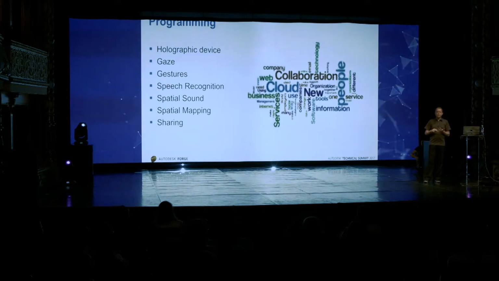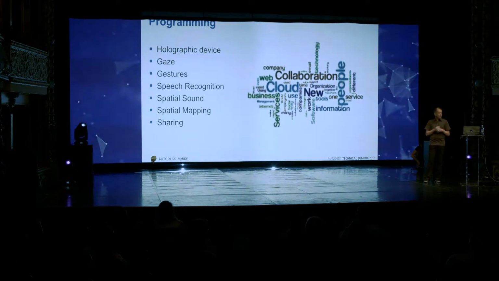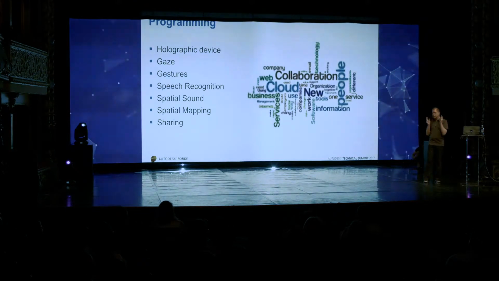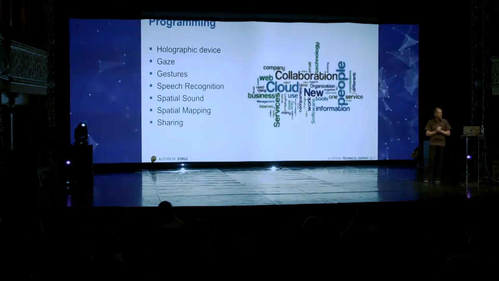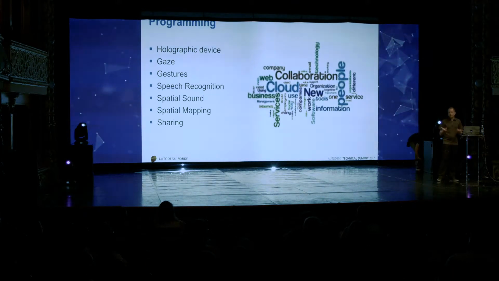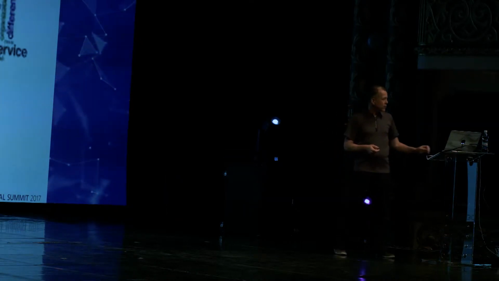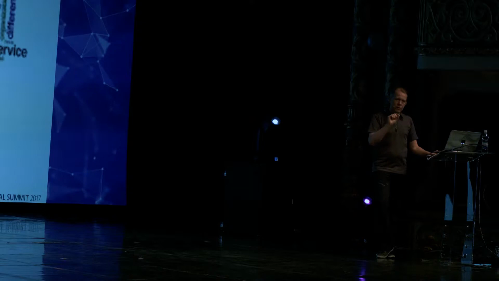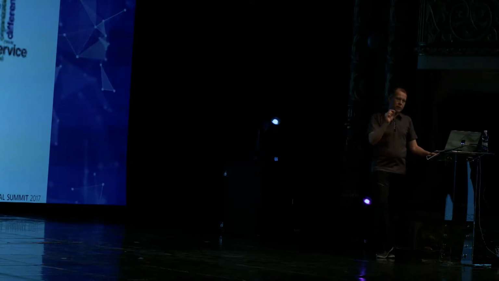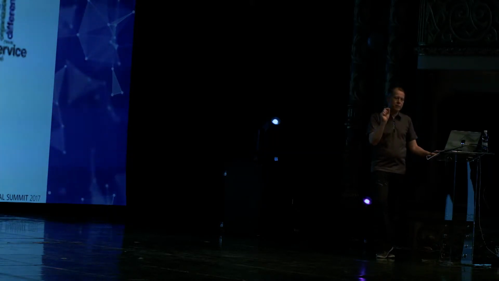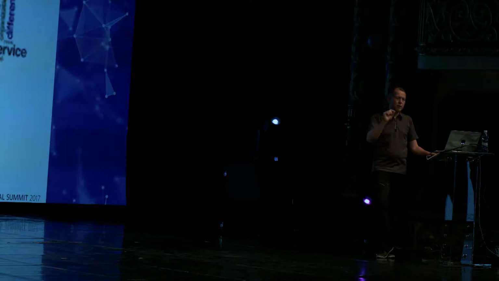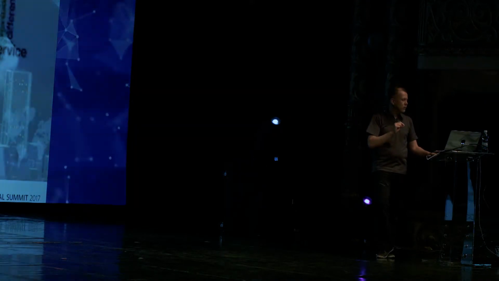Gestures, this is how we can select things. Speech recognition, giving other more advanced commands. We'll have some special sound so we can orient ourselves in the 3D scene. And the sharing, which will be the base of the collaboration service. So we can share the same model, and the HoloLens has a very clever way of synchronizing devices together, so you can see on the other device what one person is doing.